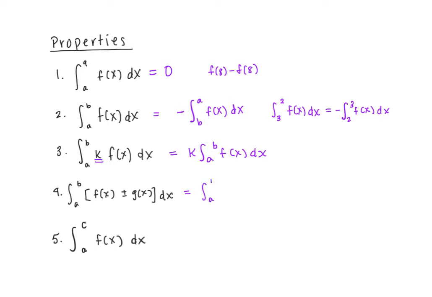So you can break this apart to be f of x has its own integral, and then either adding or subtracting, and then g of x has its own integral. So you can work out those integrals separately. And then finally, if you've got a very large interval, you can break it up into smaller intervals.